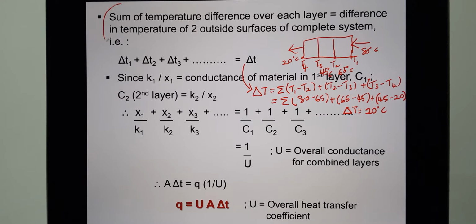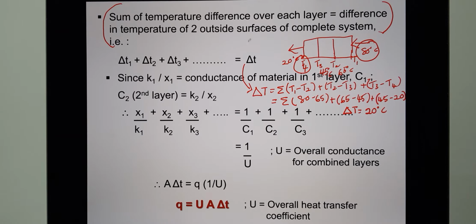This whole statement: the sum of temperature difference over each layer of material is equivalent to the difference in temperature of the two outside surfaces of the complete system. Two outside surfaces meaning that T1 is one outside surface, T4 is another outside surface.